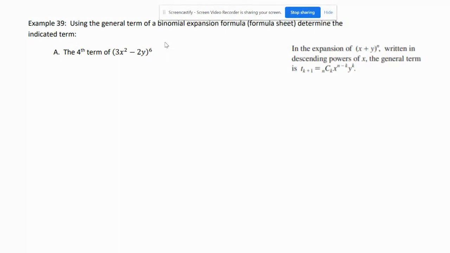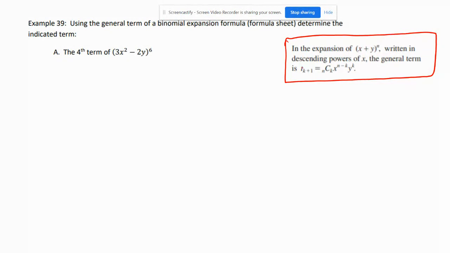Okay, so for example 39, using the general term of a binomial expansion formula off your formula sheet, and I just put this guy right here for you guys. So this is on your Math 30 formula sheet. Refer to that one. In the expansion of x plus y to the n written in descending powers of x. That's kind of the way we did it. We started x to the high power and we counted down.